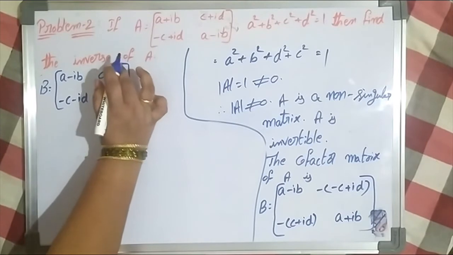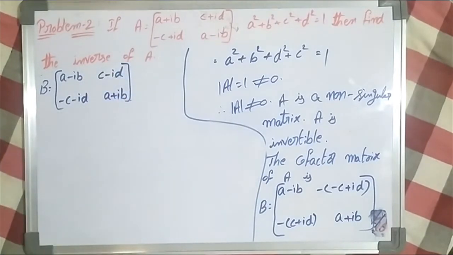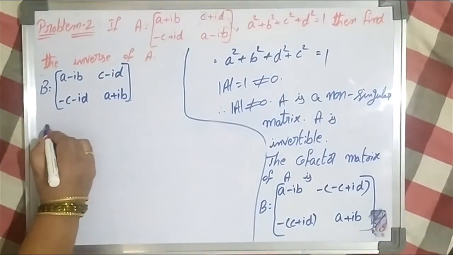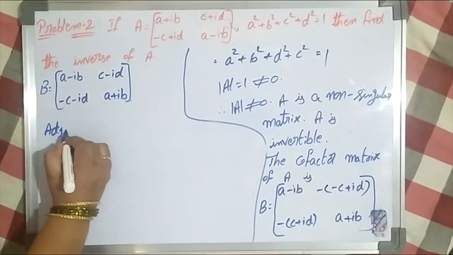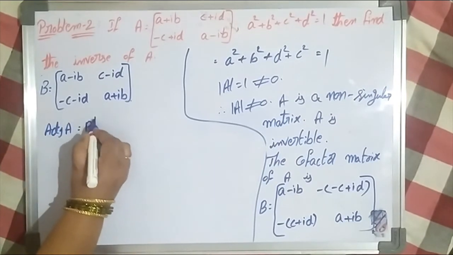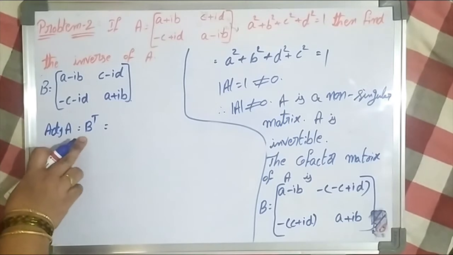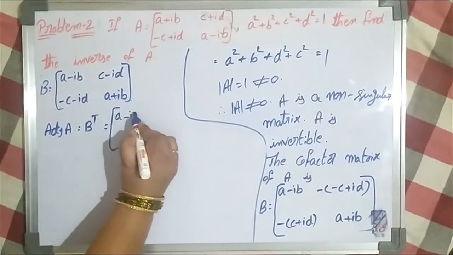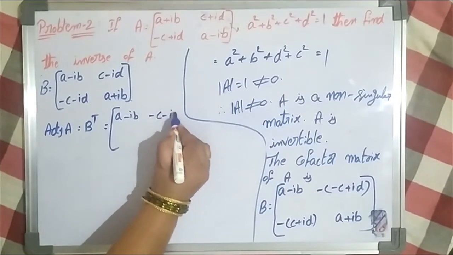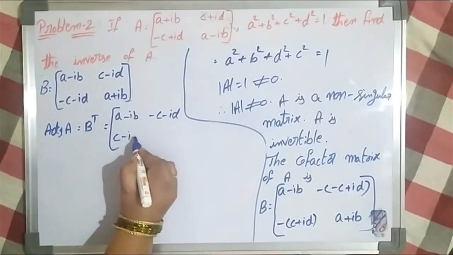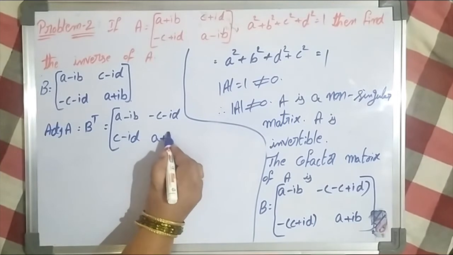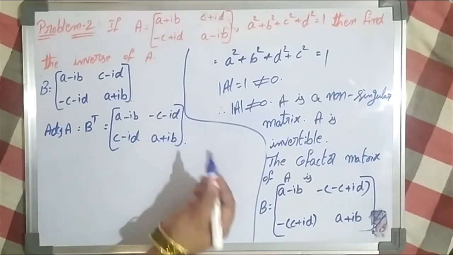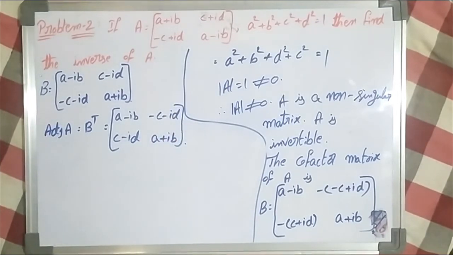This is the cofactor matrix of the given matrix. Then we have to find the adjoint of A. Adjoint of A is nothing but the transpose of the cofactor matrix of the given matrix, that is B transpose. B transpose value is [a minus ib, minus c minus id; c minus id, a plus ib]. This is the adjoint of A value.